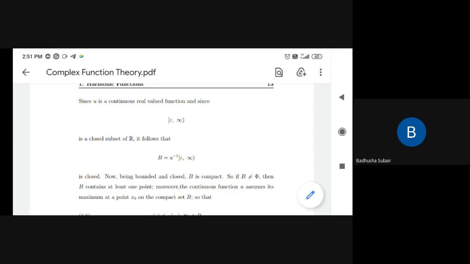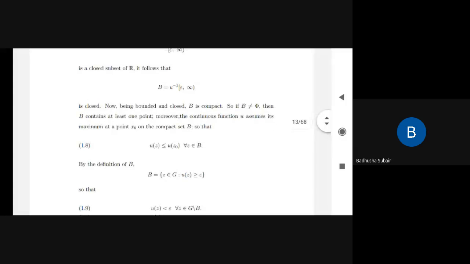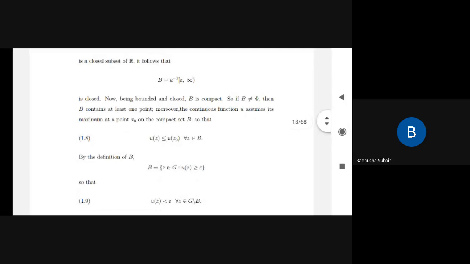So B is closed. Thus we get that B is both closed and bounded. Hence B is compact. So if B is non-empty, then B contains at least one point.